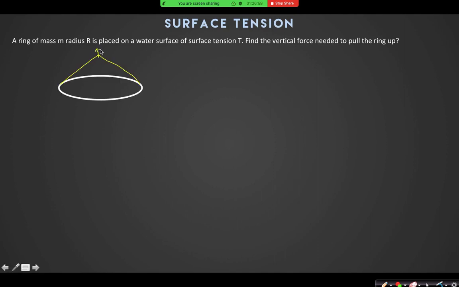If I apply an external force F, it is not only balancing mg, but the liquid will also apply a surface tension force on the outer surface of this ring, as well as another surface tension force on the inner surface. So the net force should be mg plus 4 pi rT.